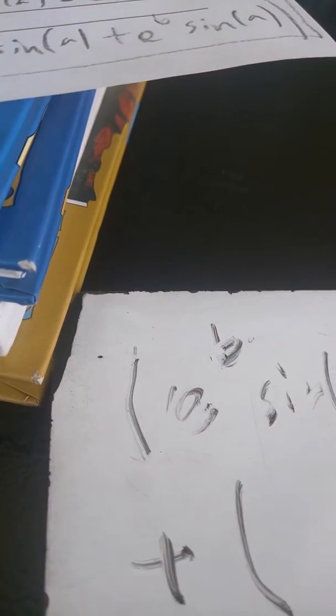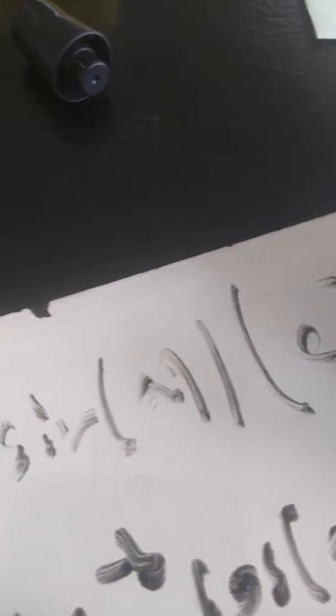Okay, we have e to the negative b cosine of A plus e to the b cosine of A times e to the negative b sine of A plus e to the b sine of A. Let's see all of that now.